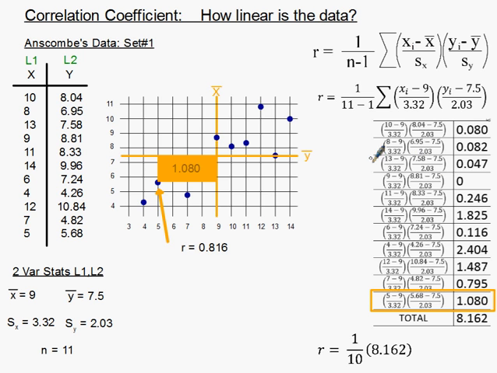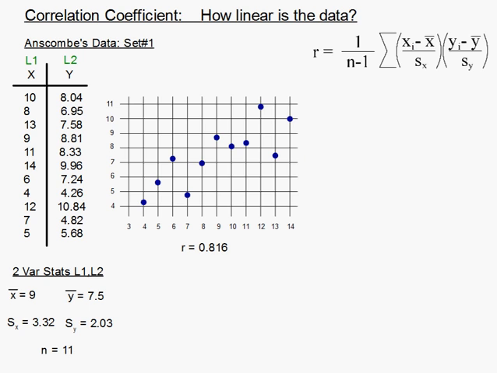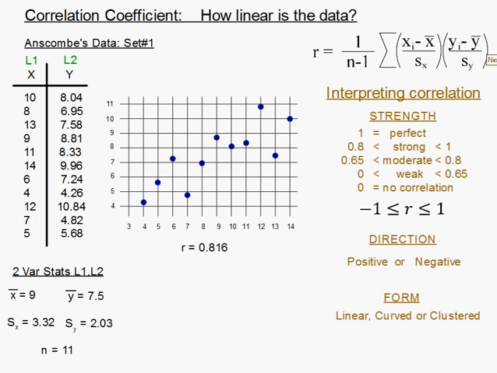So what we're going to do now, I need to clear some space. Let's talk about what you do with the correlation coefficient. Once you have it, you use it to interpret your data. There are three ways that you interpret your data. You have strength, direction, and form.